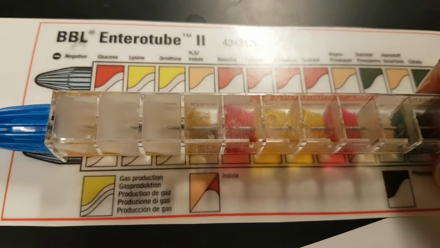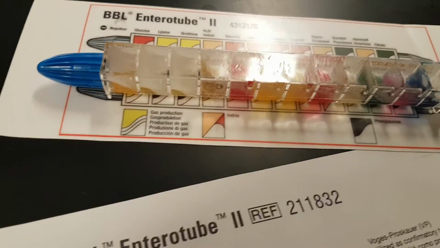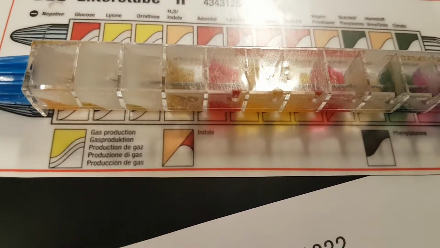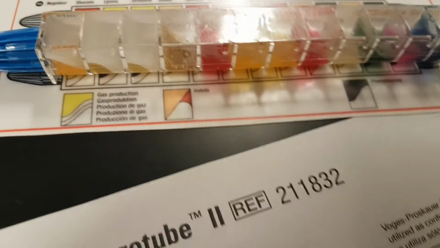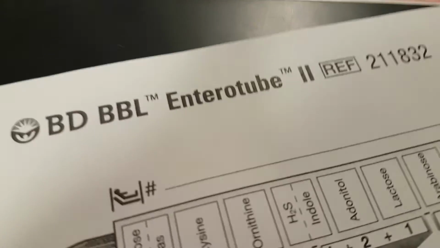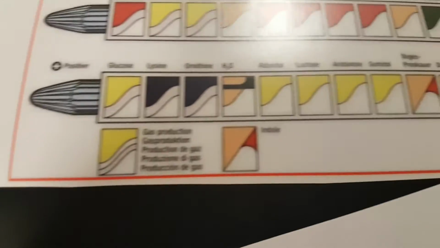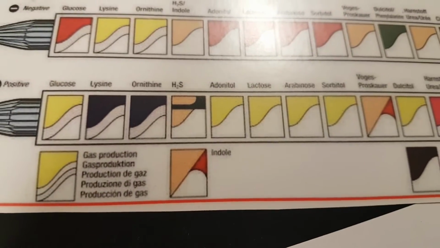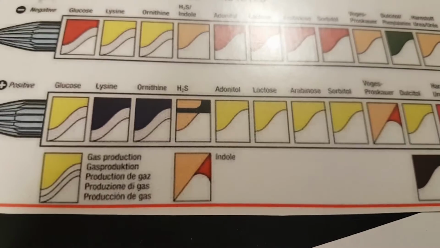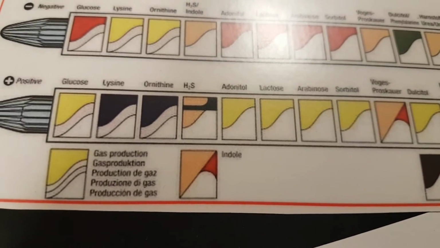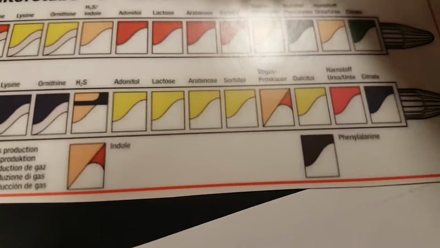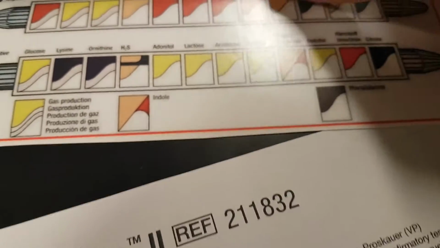What we're going to be doing is also poking a hole in the top and adding what's called Kovacs reagent. We just add a couple of drops of that and see if we get a color change. If it turns red, then we have a positive for indole, and so on, going down the line.